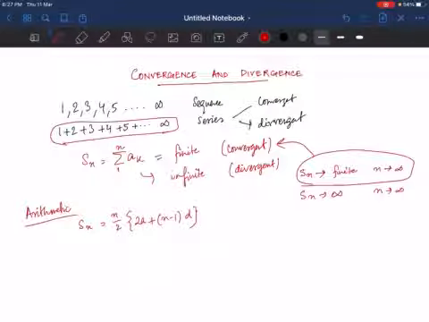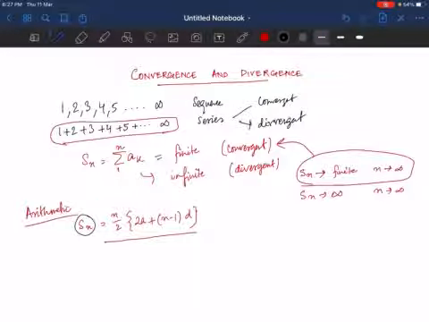Now I have to check whether this sum gives a finite value when the number of terms is infinite, that is, when n tends to infinity. If it gives a finite value, then we can say that the AP series is convergent, and if it gives an infinite value, then the AP series is divergent. So how can I do that? This sum Sn is for n number of terms, and I need n to tend towards infinity.